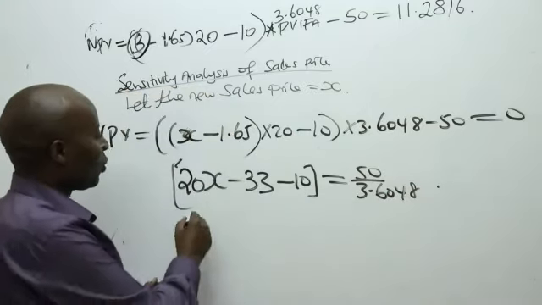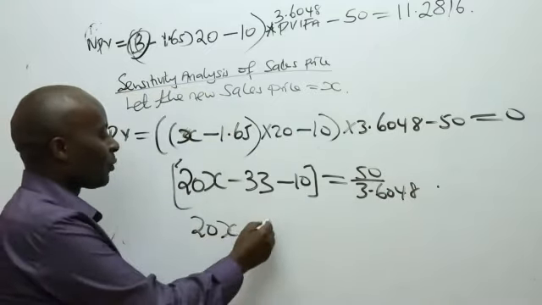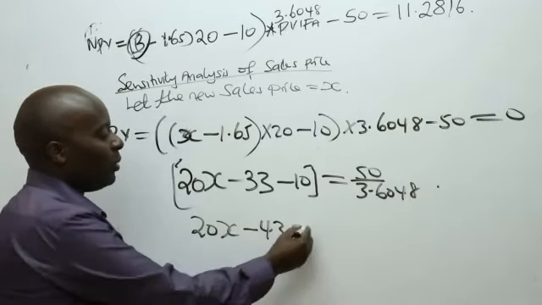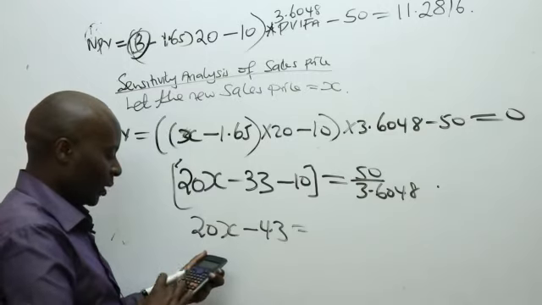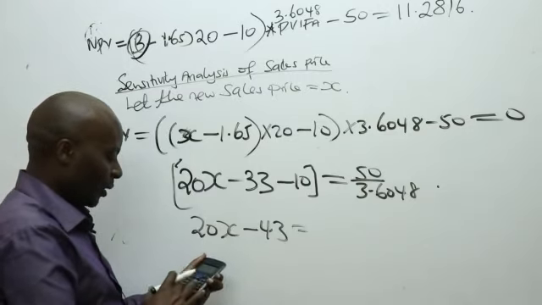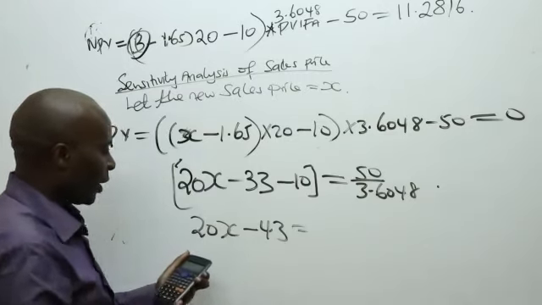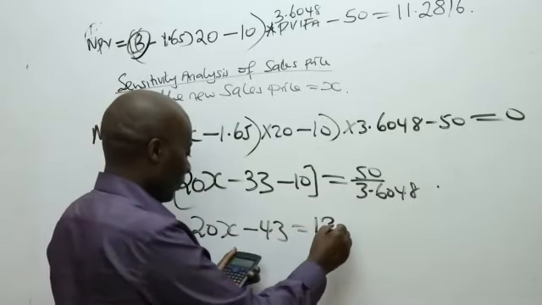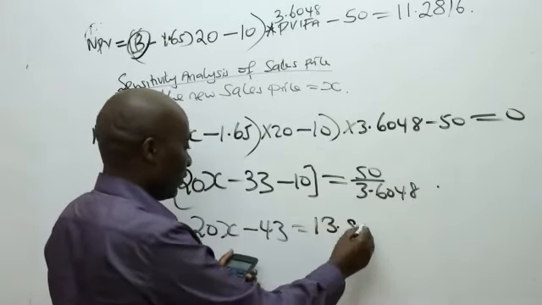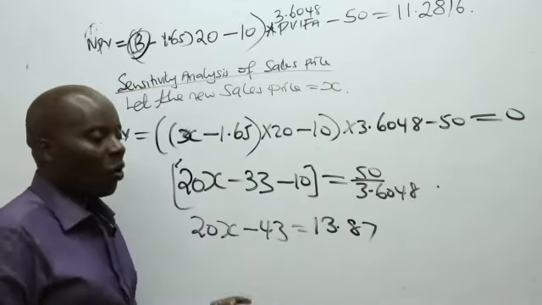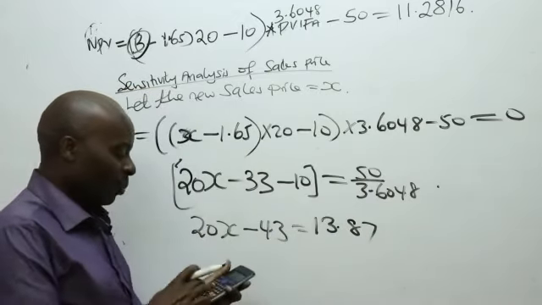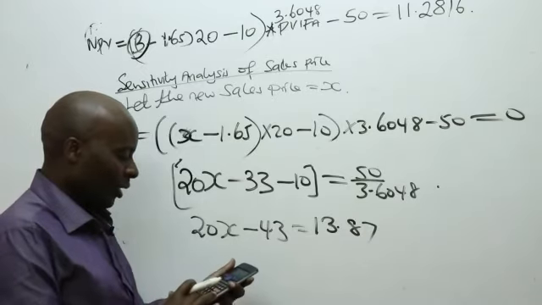So then this will be 20x minus 43 equals 50 divided by 3.6048, which gives me 13.87. So I have this minus 43 going to the other side, where it will be a positive, so plus 43.